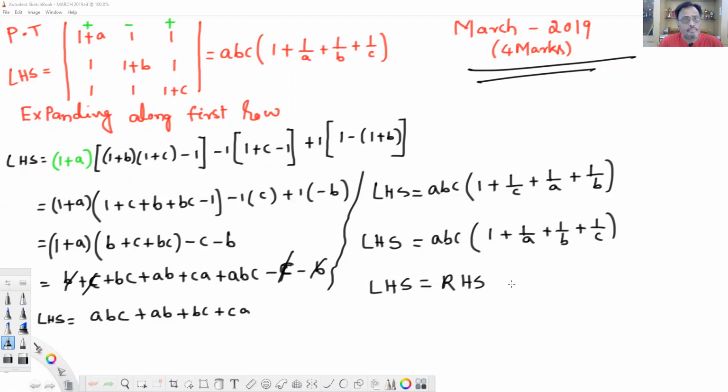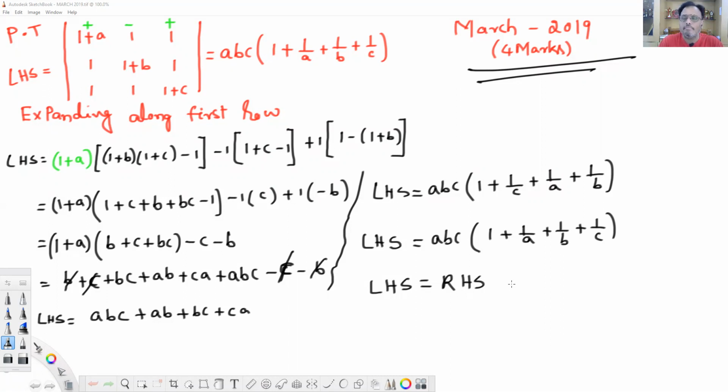Now we are going to solve the question paper problem. For 4 marks they have asked for the year March 2019. We can solve this by using two methods.